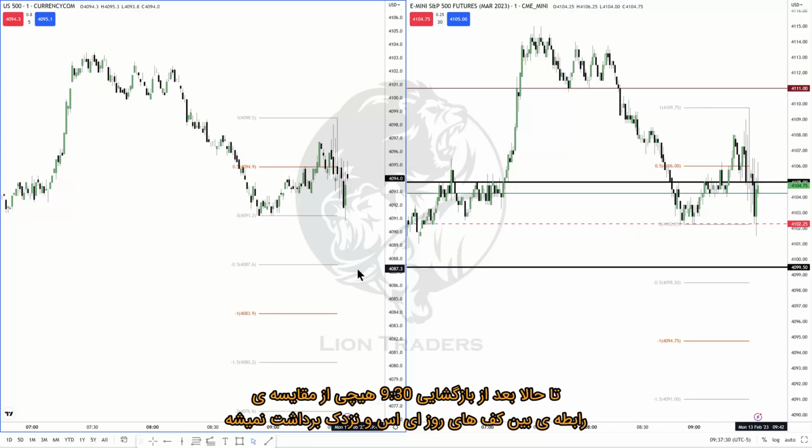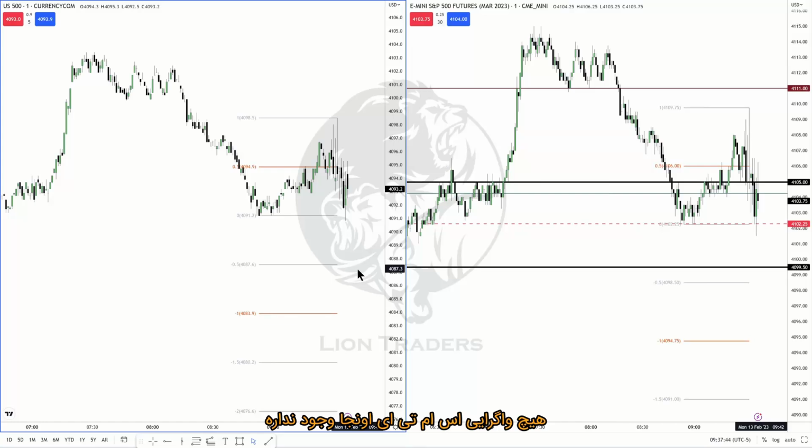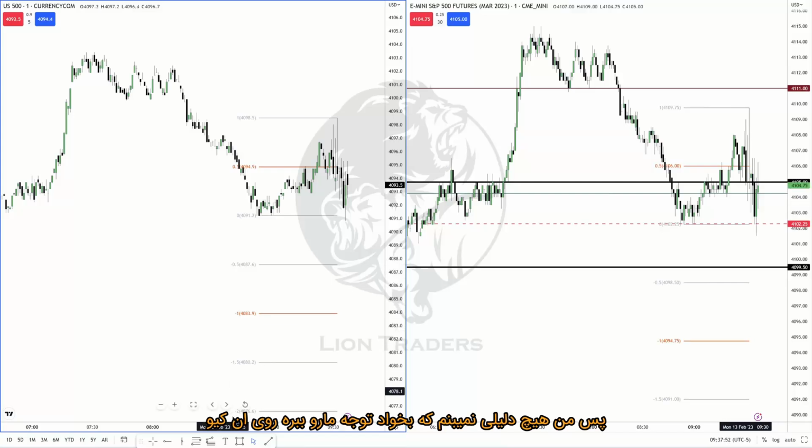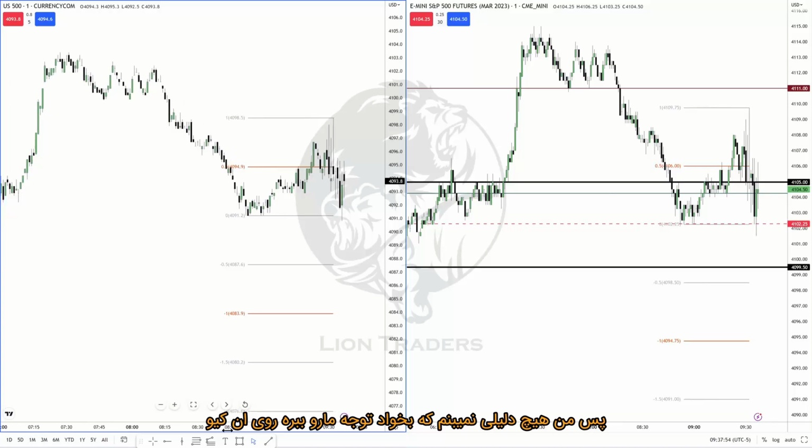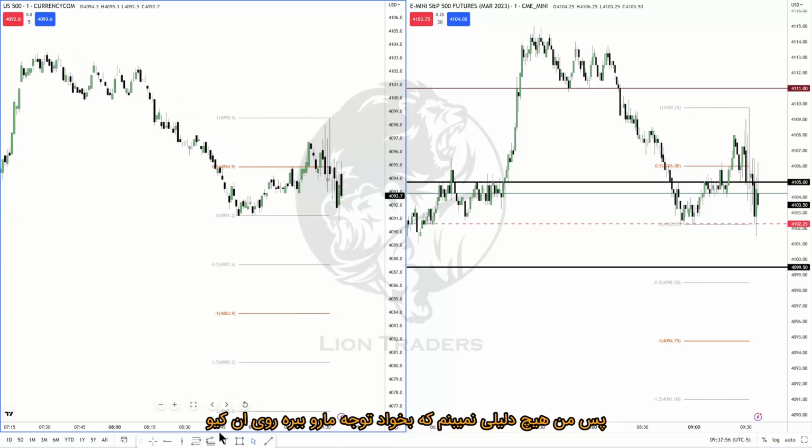So far, nothing really stands out with the relationship between the NASDAQ and the ES at the lows of the day so far after 9:30's opening. So no SMT divergence there. So I don't see any reason for it to draw our attention to NQ.